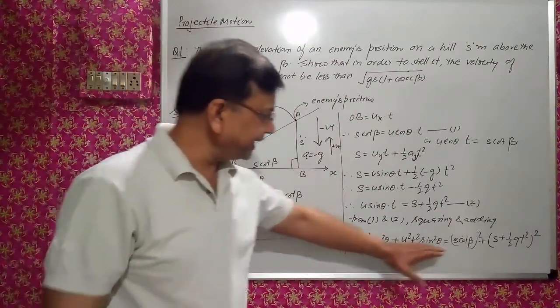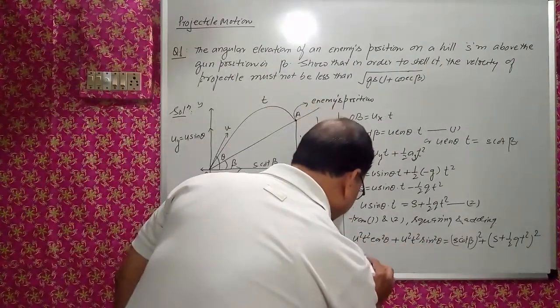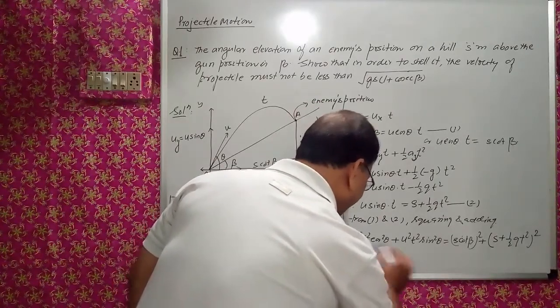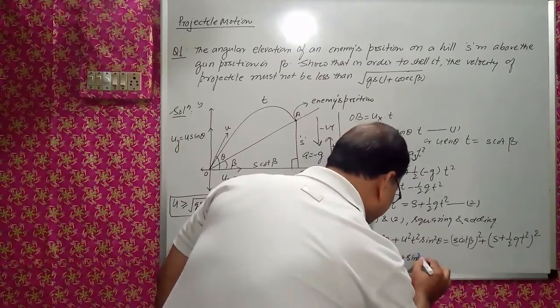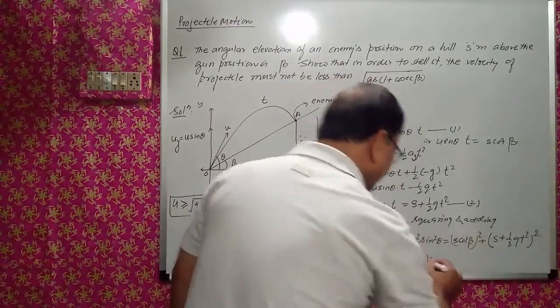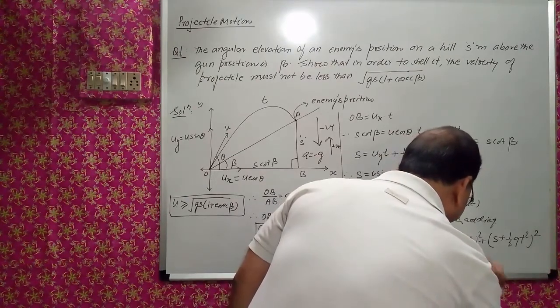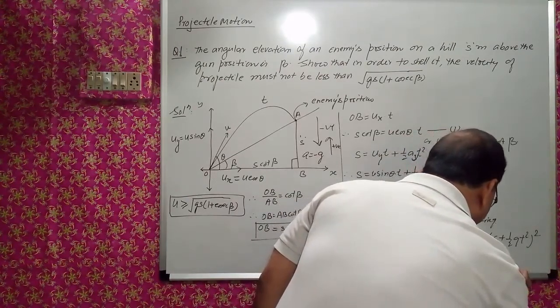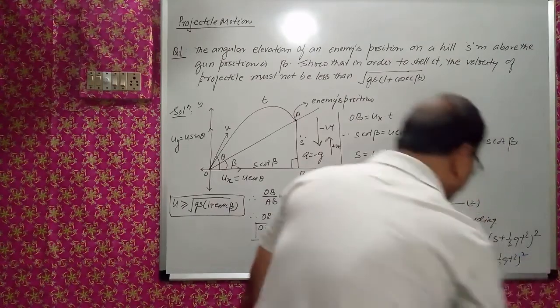So what benefit are we getting out of it? We can take u square t square common, we will get cos square theta plus sin square theta is equal to, squaring this, s square cot square beta plus s plus half gt square whole square.